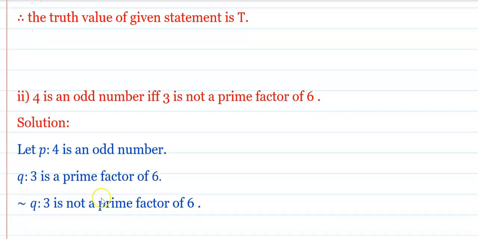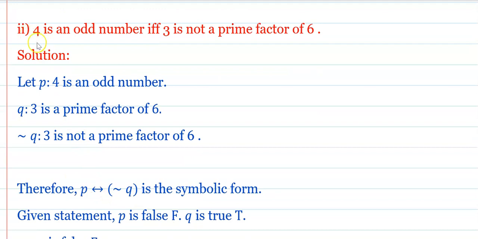Next, 4 is an odd number if and only if 3 is not a prime factor of 6. Okay, आता सर्वप्रथम पण स्टेटमेंट कन्सिडर करणार. P means what? 4 is an odd number. Q means what? 3 is a prime factor of 6.